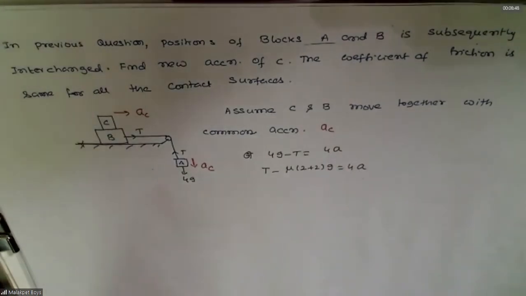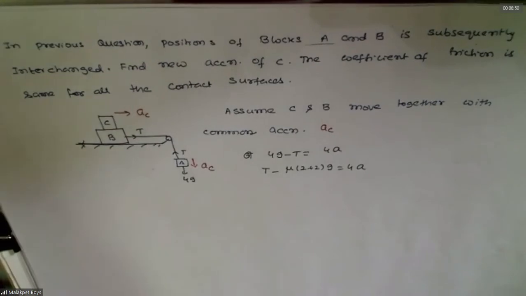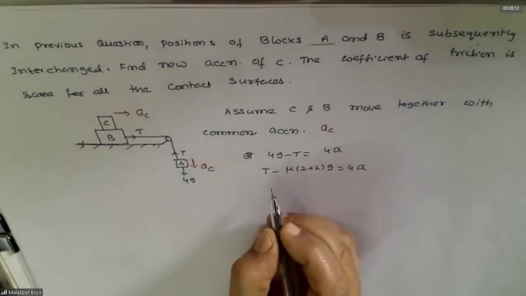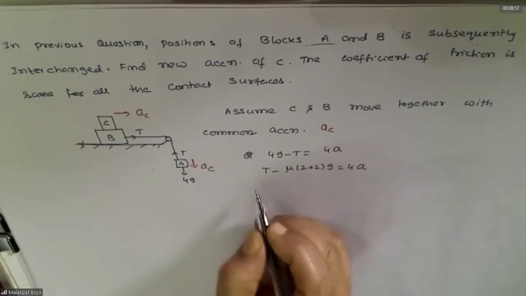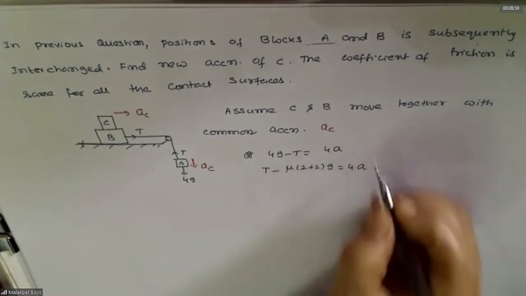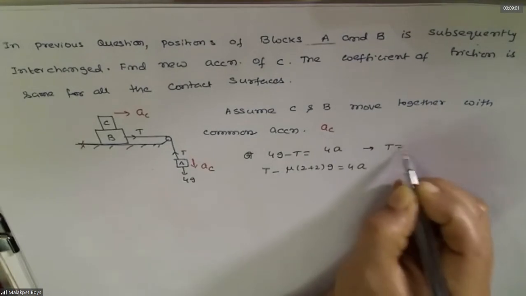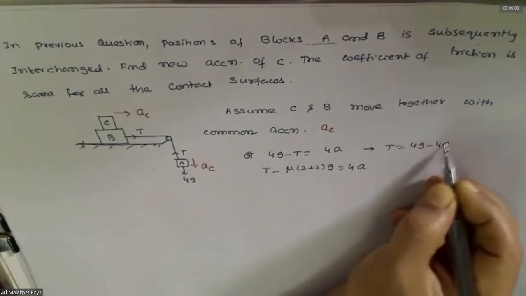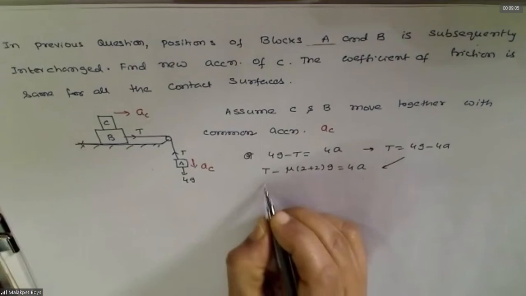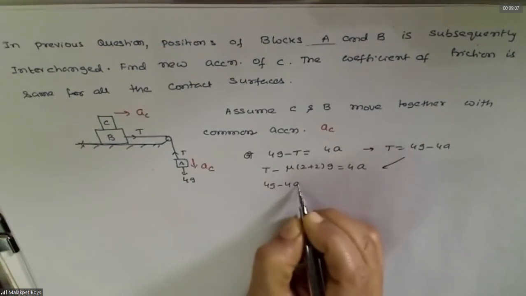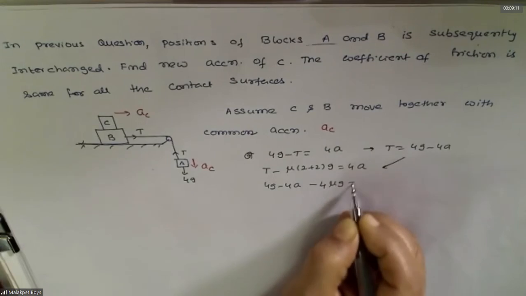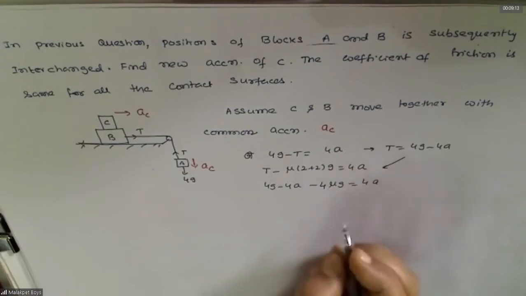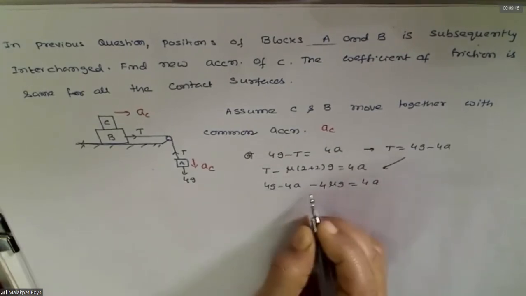Do you agree with this? From this, can't you get a? From this we can get T, which is 4g minus 4a. Substitute in this: 4g minus 4a minus 4 mu g is 4a. Get a.